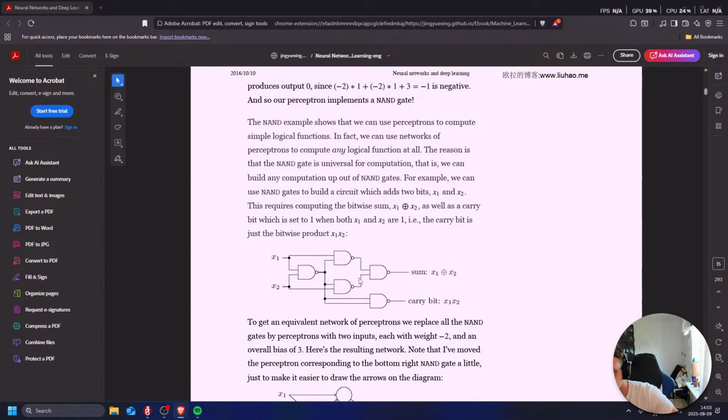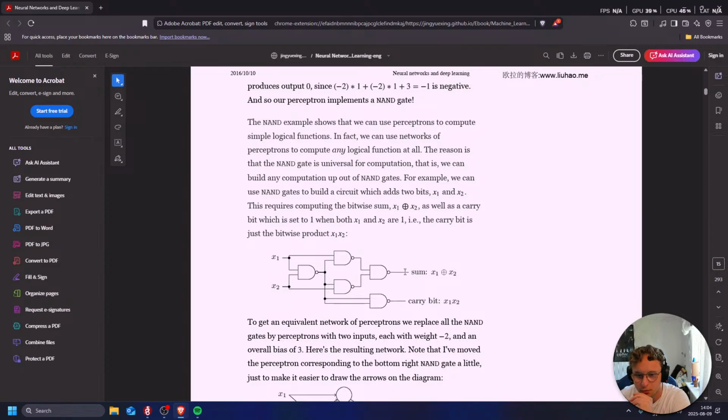Anyways, so this basically just calculates the sum and then a carry. And if I'm not mistaken, I think this is just a normal adder. My screen went black for some reason.